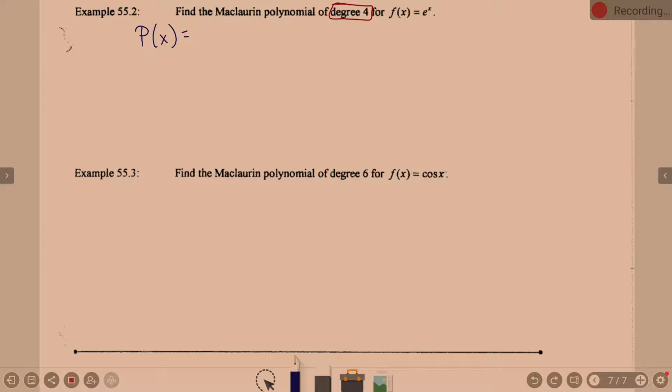Okay. So the first thing, if I write this out, basically, we're going to be doing f of 0 over 0 factorial. Plus, what am I going to do next?